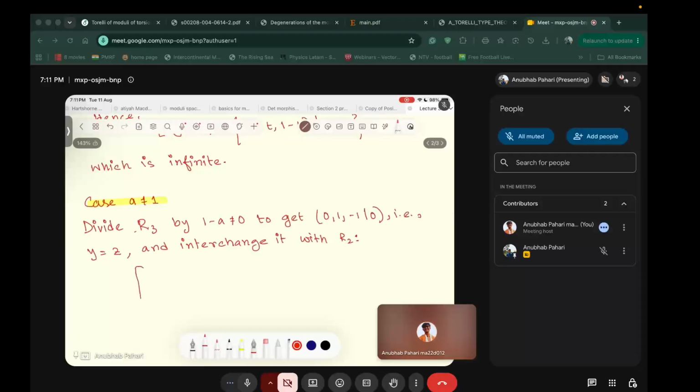That way we get 1, a, 1, 1, then 0, 1, minus 1, 0, and it will give you R3 to R3 minus (1 minus 2a) of R2.